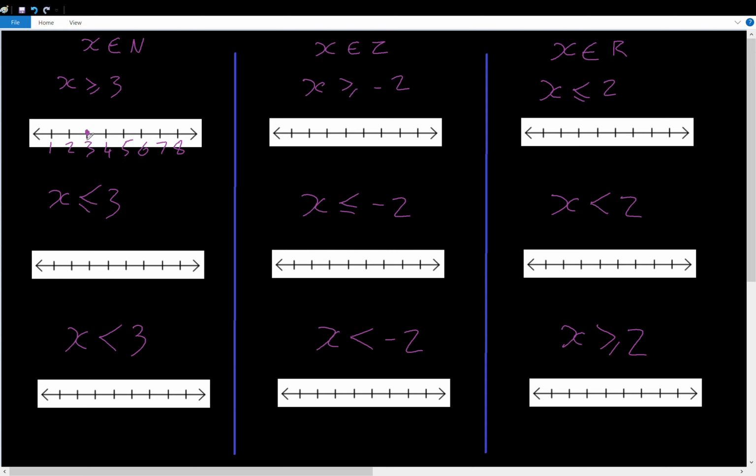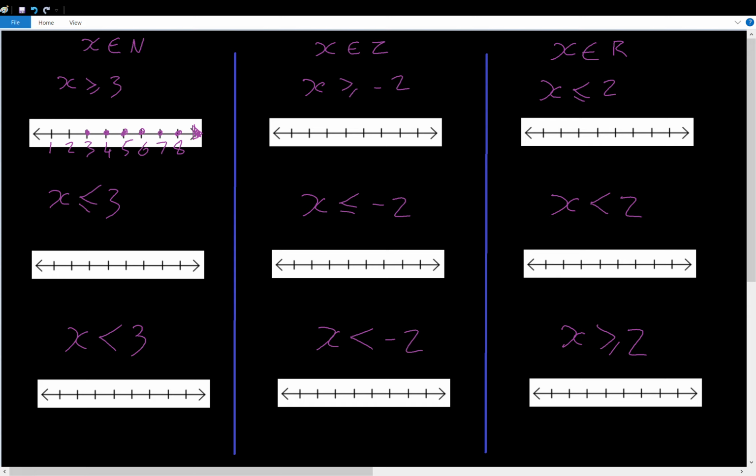So put a dot on top of 3 just there. And then we're going to fill in a dot on every number that is a natural number that is larger than 3. So on 4, on 5, on 6, on 7, and on 8. And just to indicate that the pattern continues, we draw an arrow at the end of our number line and we fill it in. And that's to indicate that the pattern continues similarly onwards.